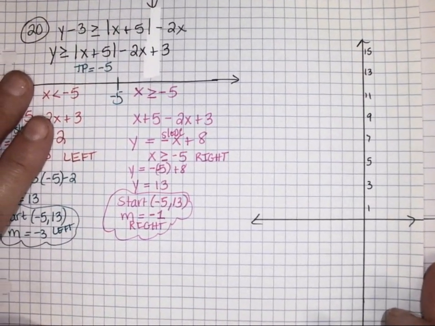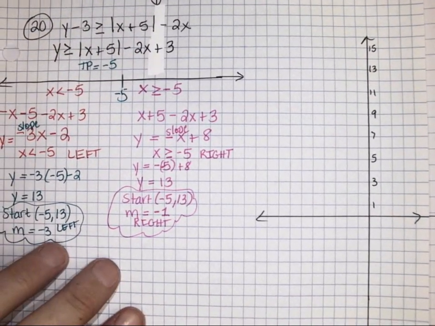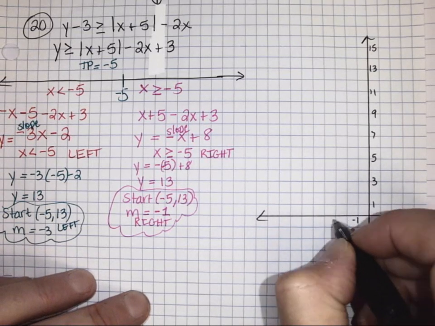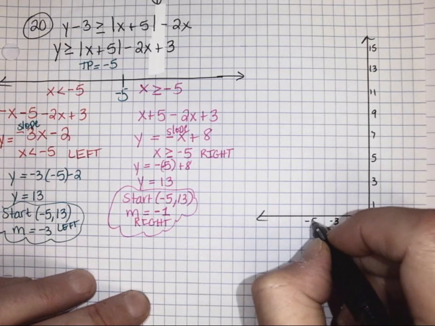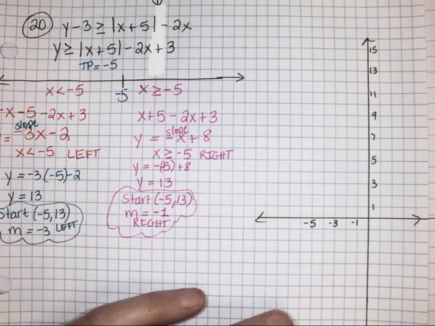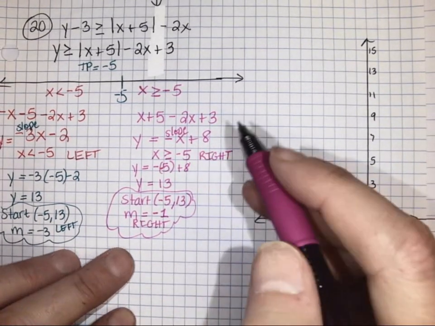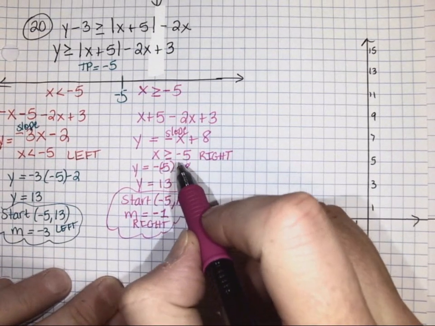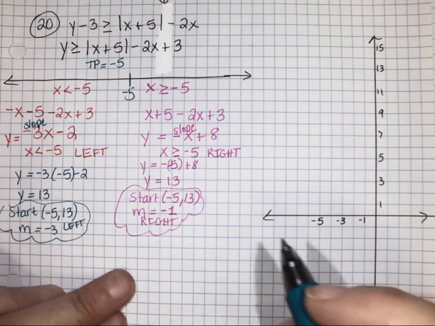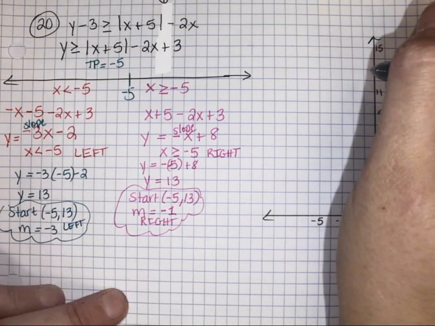Okay. So on this graph, I'm starting at -5, 13 for both of them. It would actually be open for this part and closed for this part, but notice it gets filled in. So (-5, 13).